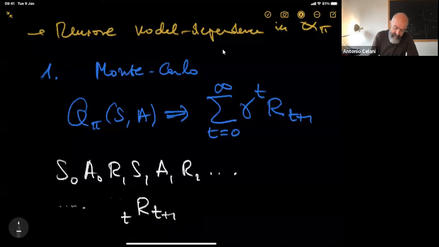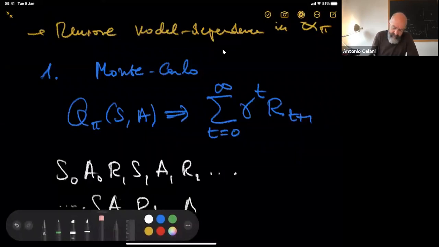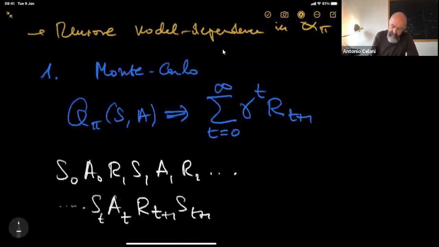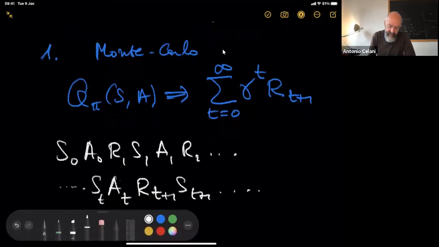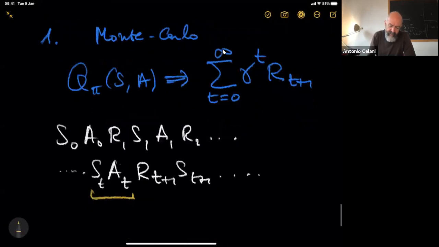So we have state t, action t, reward t+1, etc. You have this long stream of data, and at every time that you're sitting at a certain state-action pair, which corresponds to the state and action that you're visiting, you just look from that point onwards.